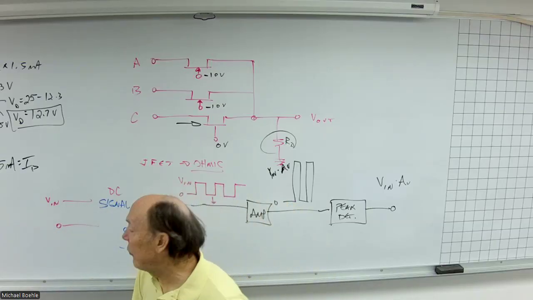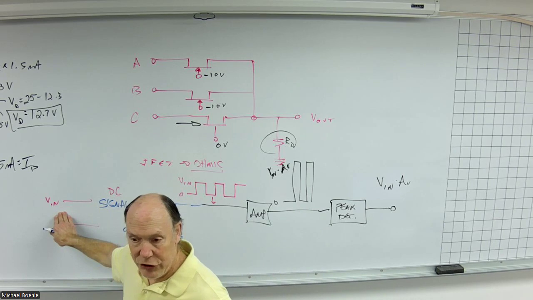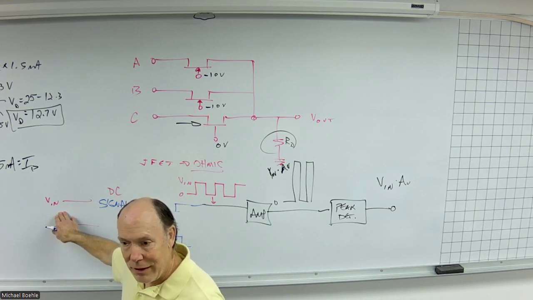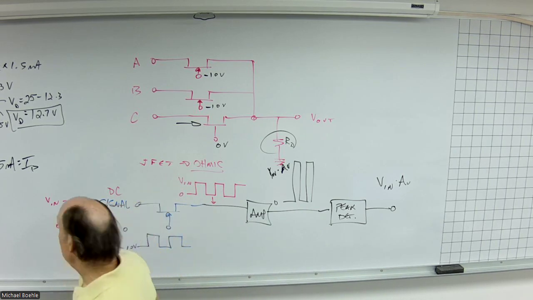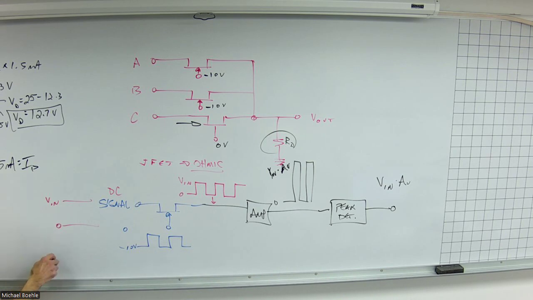Because let's say, for example, this is a very slowly changing voltage. So maybe this looks like a very low frequency sine wave, which, as we're going to learn in a couple of weeks, is hard to amplify with some of our amplifiers because of our coupling. Well, now I chop it up.